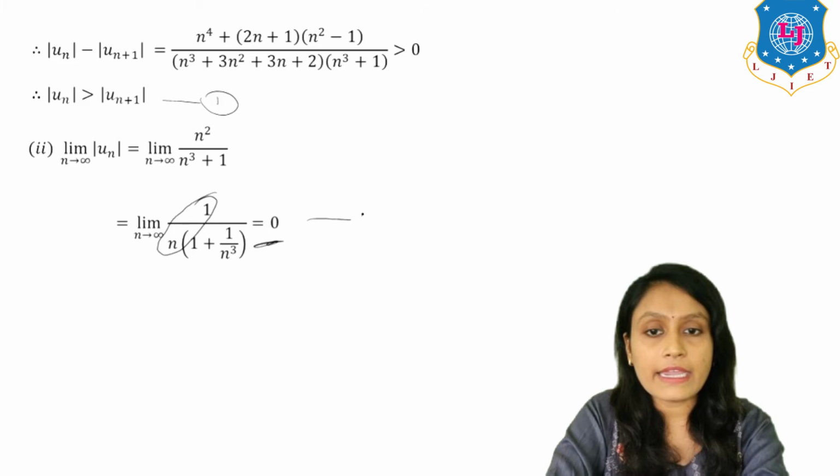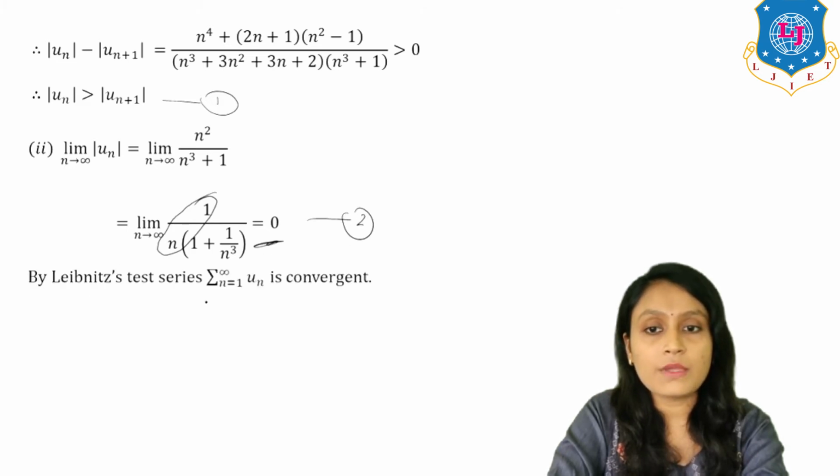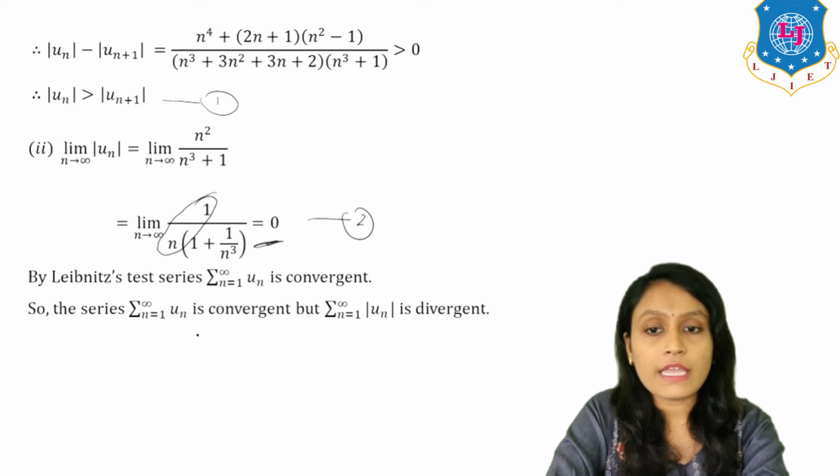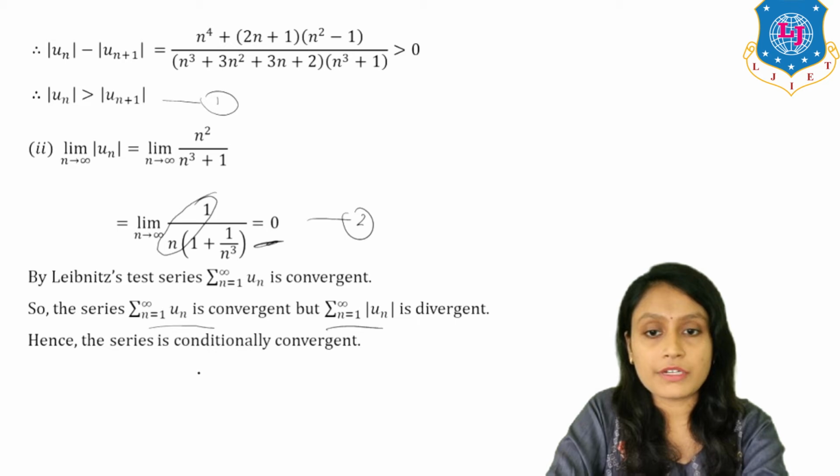This is the second condition of the Leibniz test. So by the Leibniz test we can say that the given series Σun is convergent. Therefore the series Σun is convergent, but the series Σ|un| is divergent. Therefore the given series Σun is conditionally convergent.